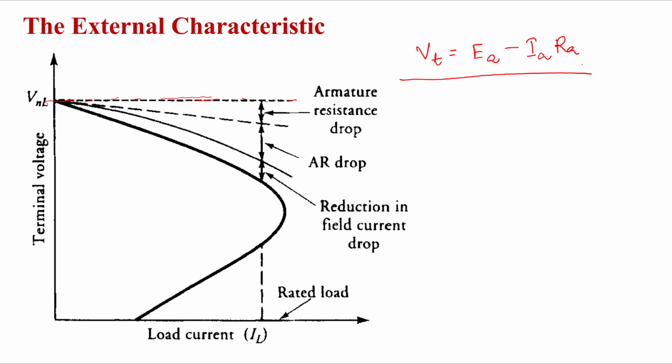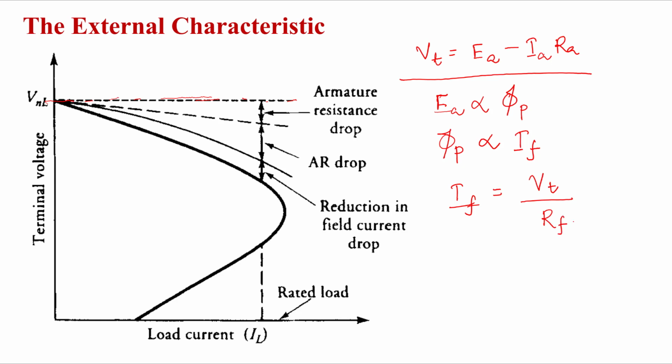Now EA will depend upon the flux phi P, and phi P is dependent upon IF, and IF is equal to Vt upon RF. Now considering these equations we'll plot the external characteristic, right?